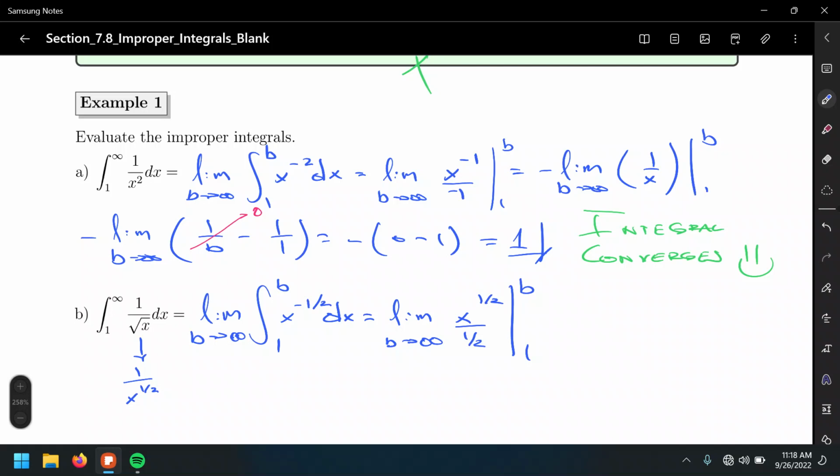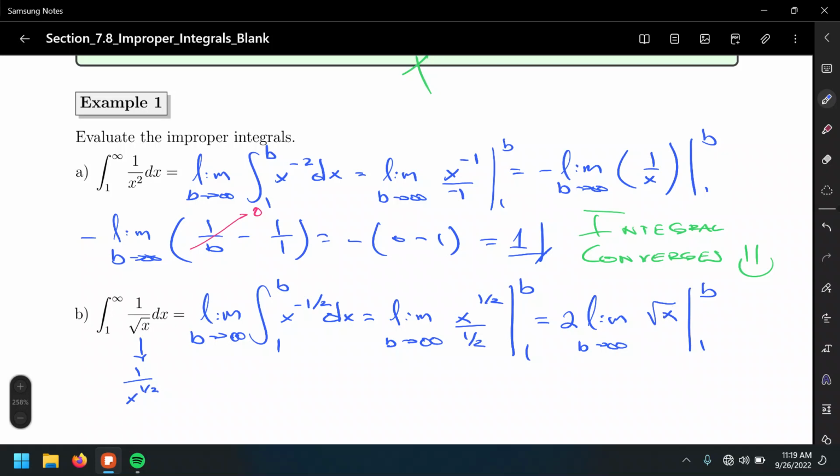But that constant, that factor, I'd rather have it outside of the limit, so we don't have to deal with so many constants when evaluating the limit. So that's the number one thing we're going to do. Take out the constant, b approaching infinity, and I'm going to change this x to the 1/2 as a radical, square root of x from 1 to b.